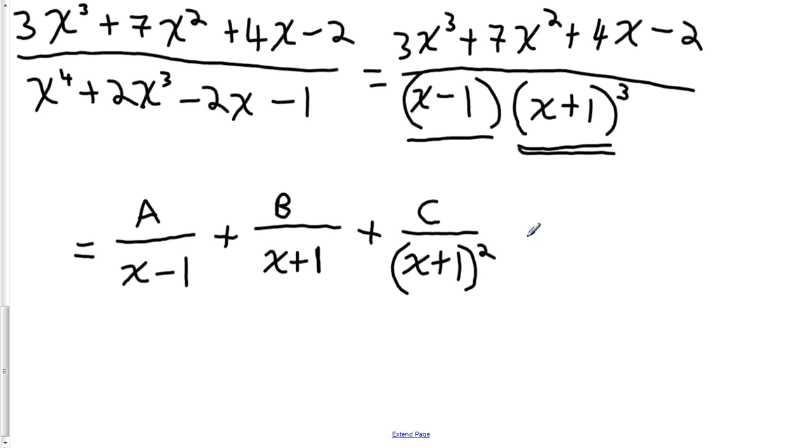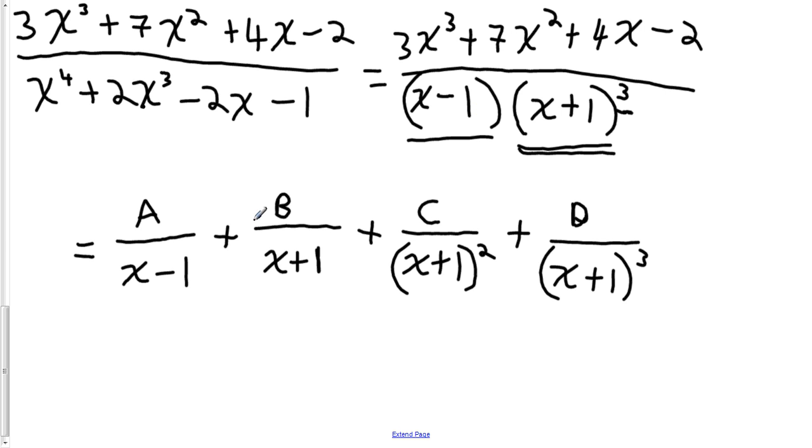And we're going to go all the way up to whatever the power of that factor is. Basically, you have as many partial fractions as you have factors in your denominator. So then we have d over here, and that's going to be divided by x plus 1 to the third power. So we have these four partial fractions.